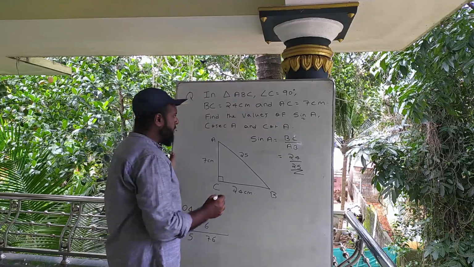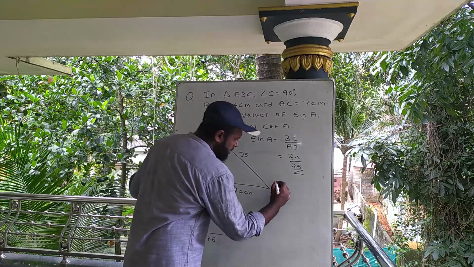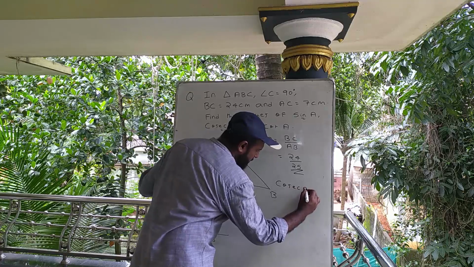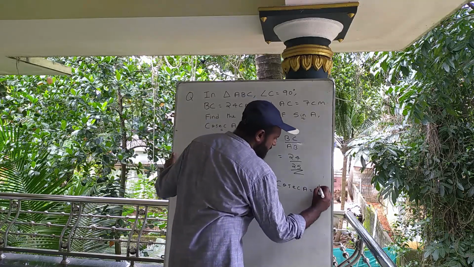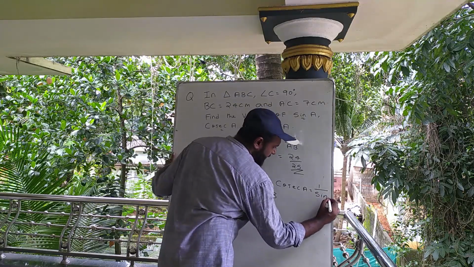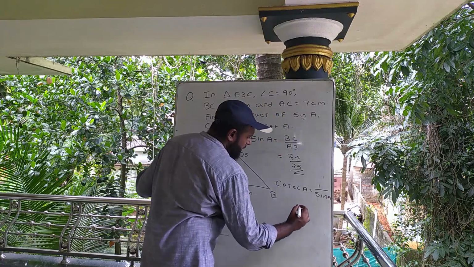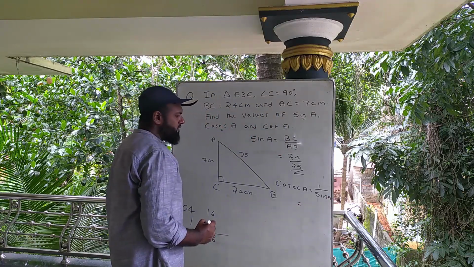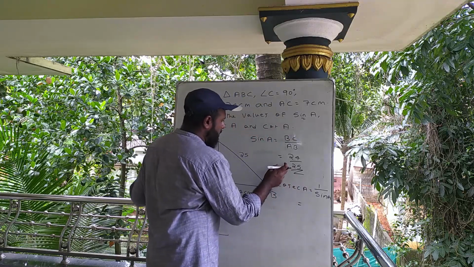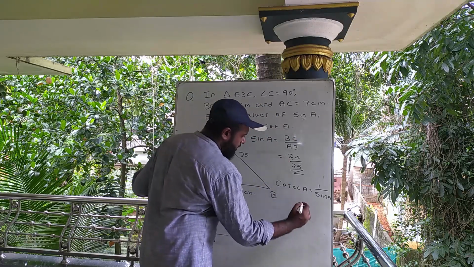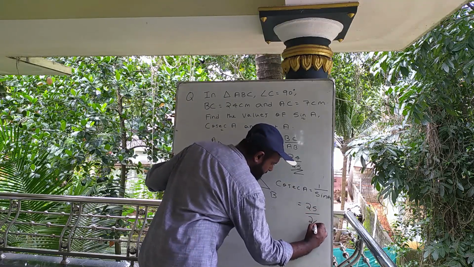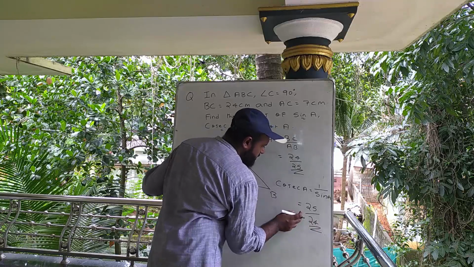Next we have to find what is cosec A. Cosec A is nothing but the reciprocal of sin A, equal to the reciprocal of 24 by 25, equal to 25 divided by 24. We got cosec A.